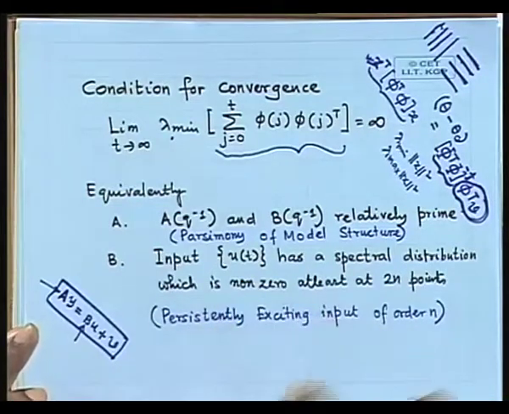Any polynomial can be broken up into factors. So A and B cannot have common factors. Why? We will see. There is a very intuitively clear reason.